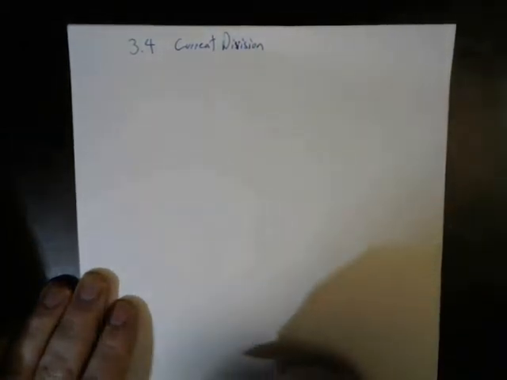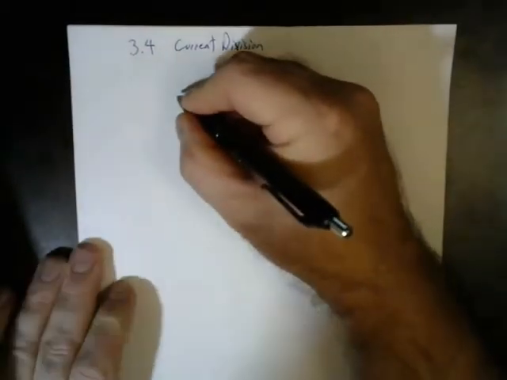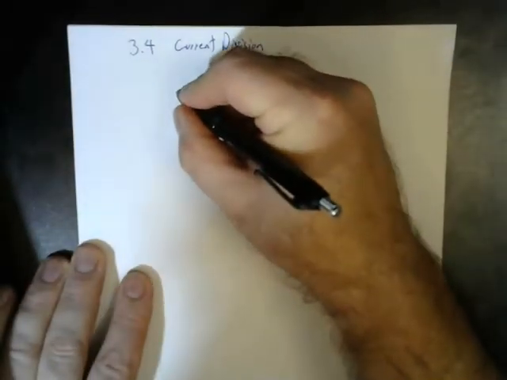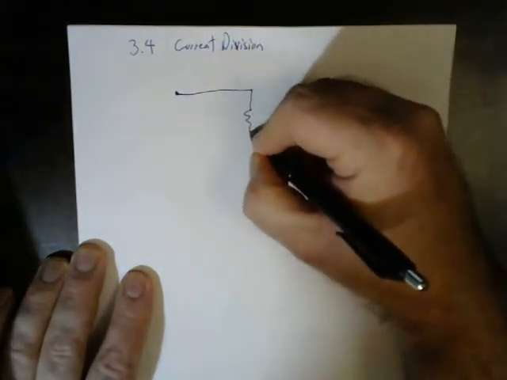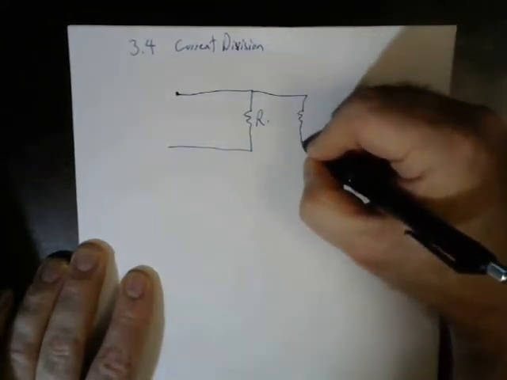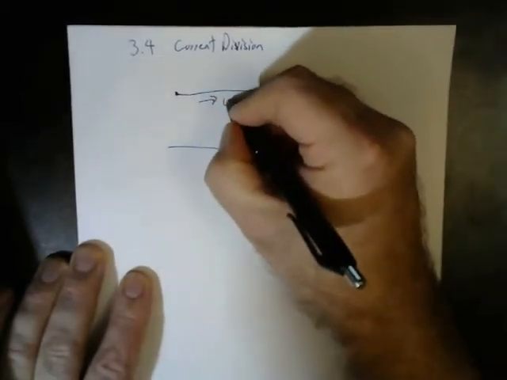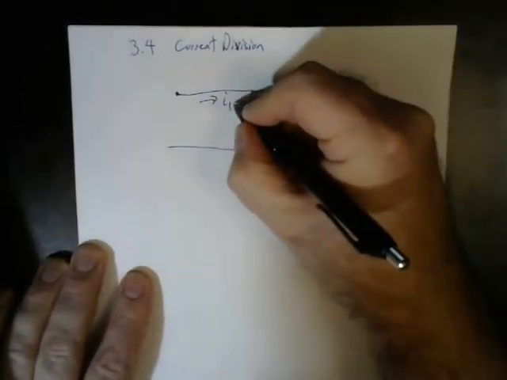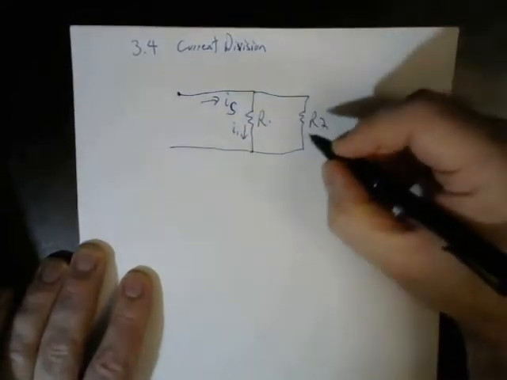Current division describes the relationship between currents in parallel resistive networks. Make this IS, make this I1, and make this I2.